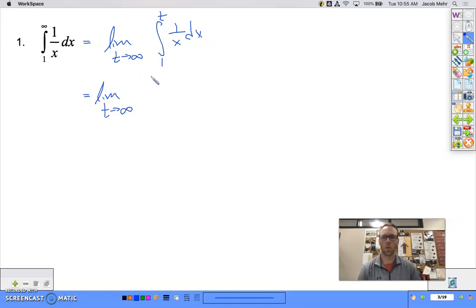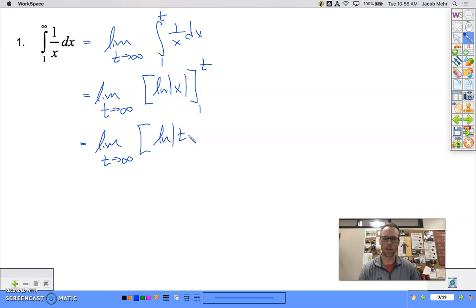So what is the antiderivative of 1 over x? That would be the natural log of the absolute value of x, and we're taking that from 1 to t. Substituting in, it's the natural log of the absolute value of t minus the natural log of the absolute value of 1.